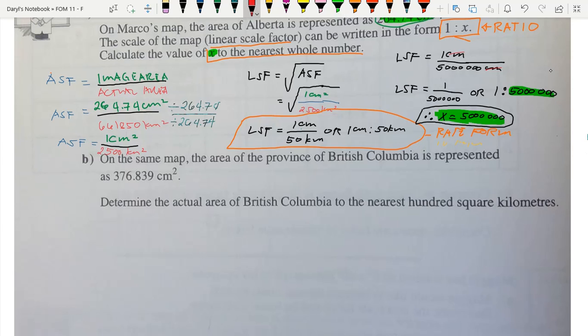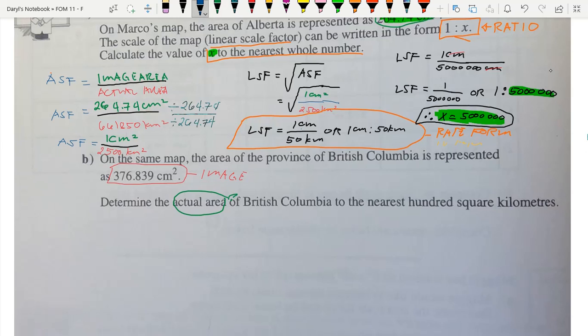We're given this value, and this particular value is actually from the model or the image. The question mark is the actual. So what do we have? We want to get the actual area.